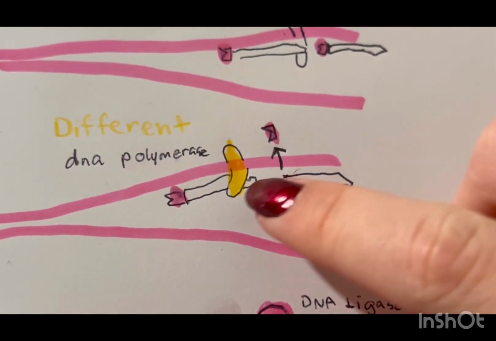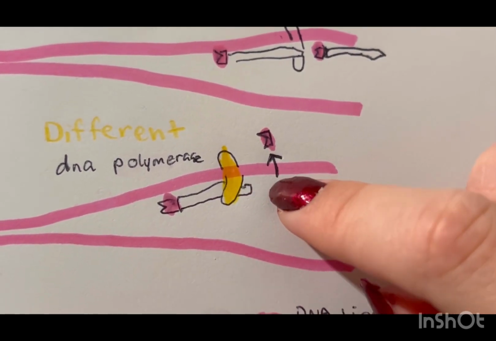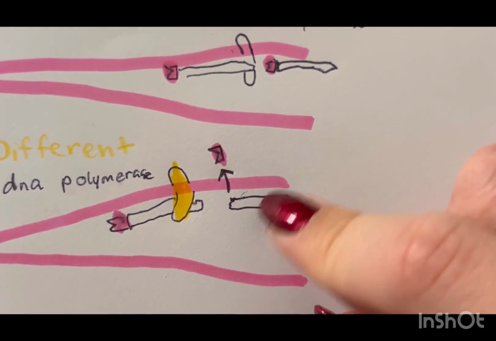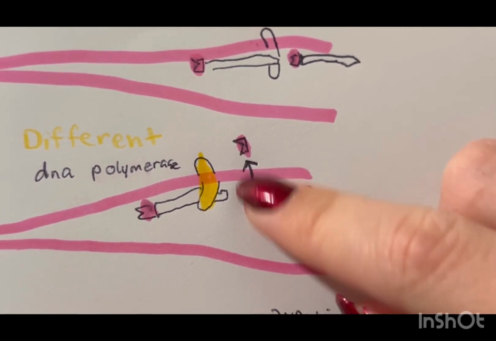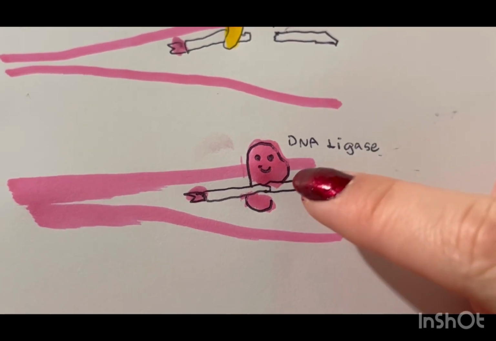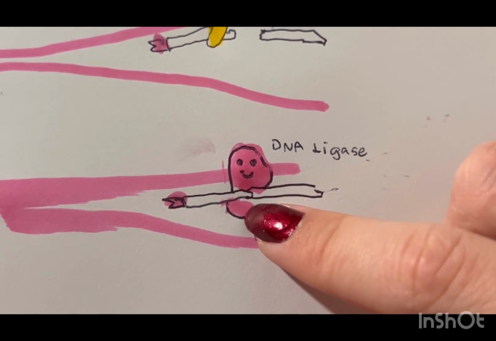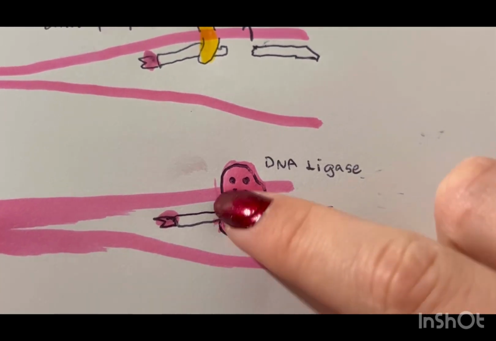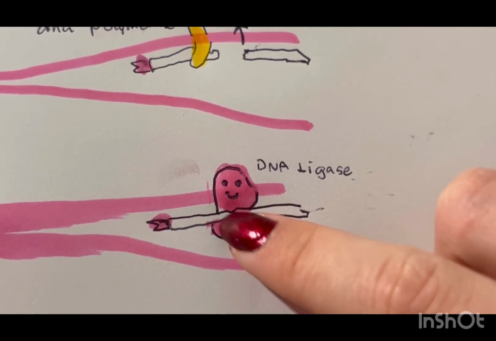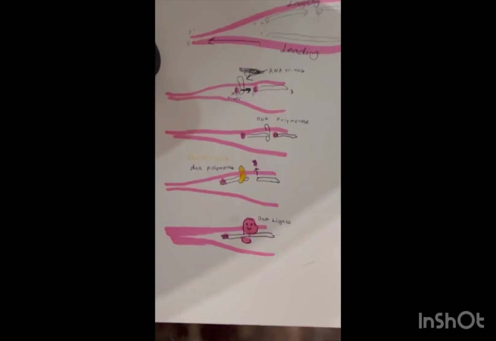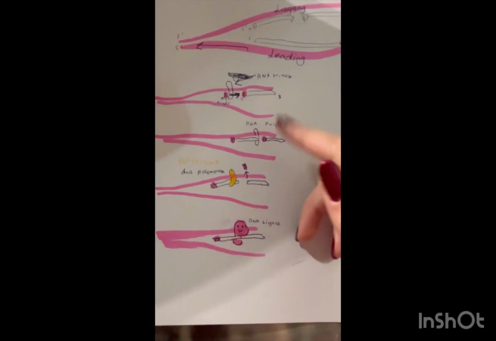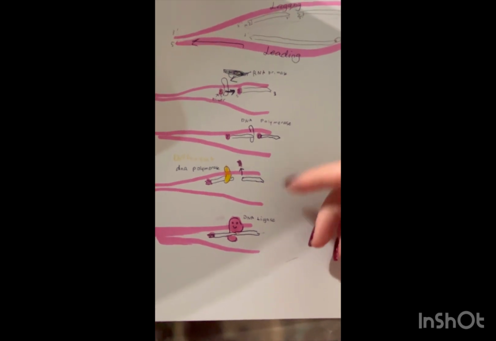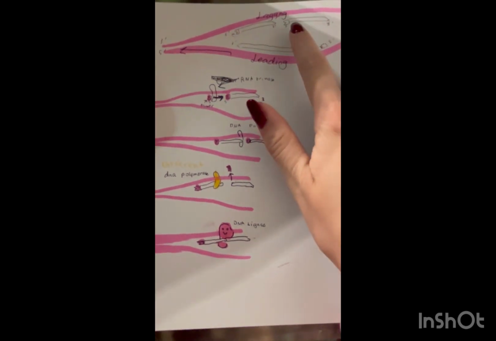And then a different DNA polymerase is going to get rid of this 5' cap from this other Okazaki fragment. And then this DNA ligase is going to come in, and it's like the glue, and it's going to glue these two Okazaki fragments together. And all of these steps occur on the lagging strand, not the leading strand, just the lagging strand because of its fragments.